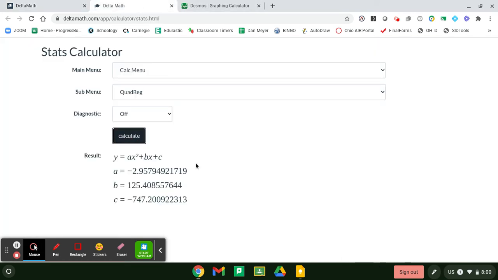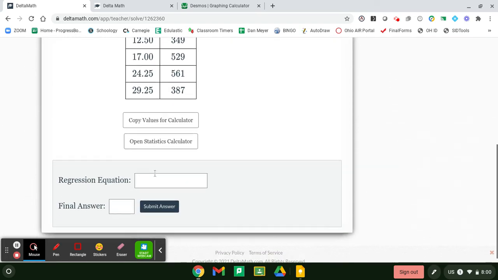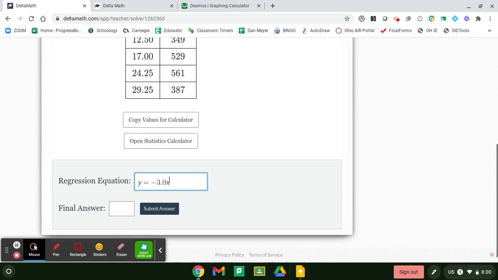Notice that they give me A, B, and C this time because it's a quadratic equation. And they want us to round coefficients to the nearest tenth. So negative 2.95 for me, that means it's going to be negative 3.0. So y equals negative 3.0 x squared.